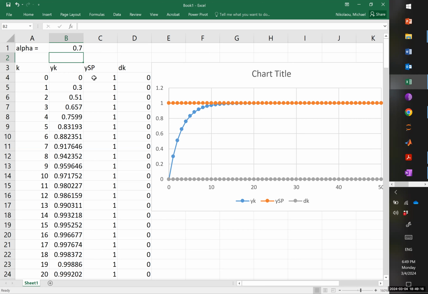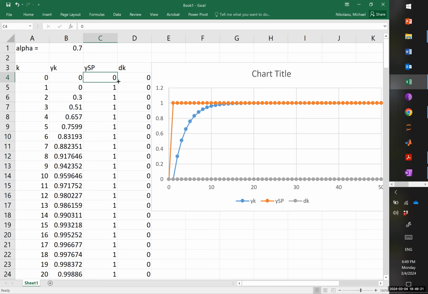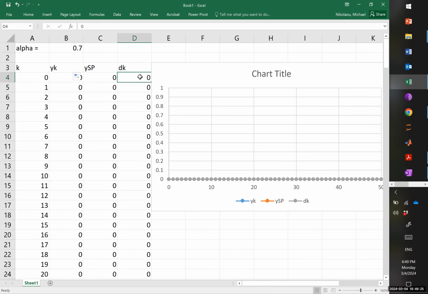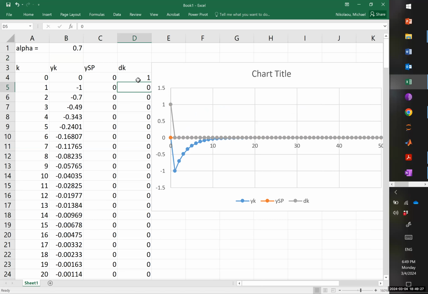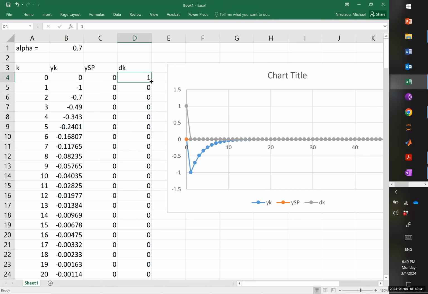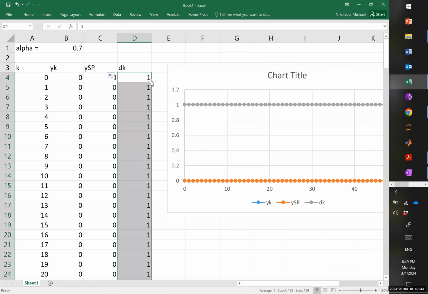We can do the same thing if we have a 0 set point change, and we have a step disturbance entering the system. So I have my step disturbance, and this is here. So this shows direct, oops, what did I miss here?